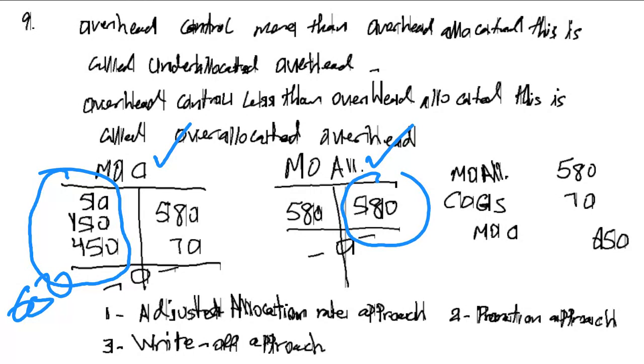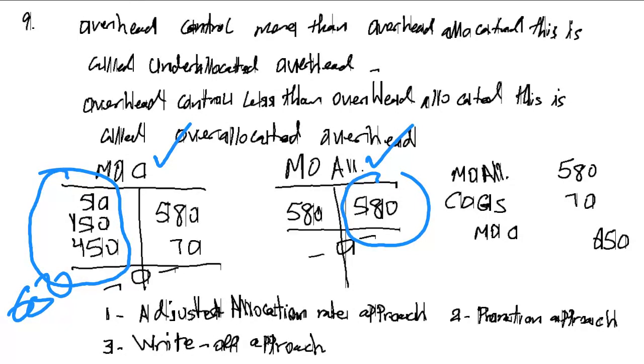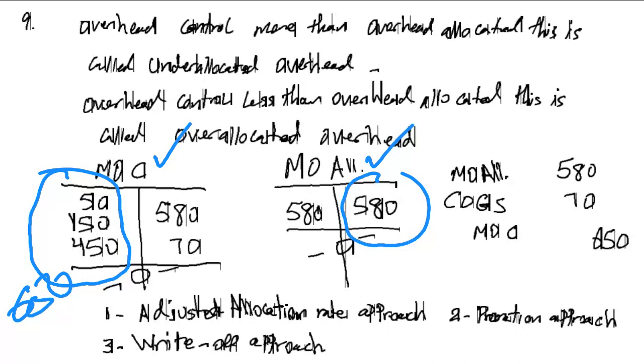So I have some explanation here for you. Maybe you cannot read it. I'm going to read it for you. It's overhead control. It simply says, if overhead control is more than overhead allocated, this is called under allocated overhead.